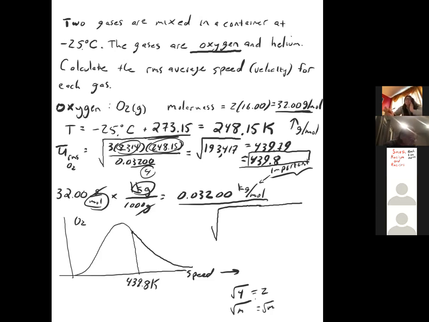So let me put the units in. Joules per mole Kelvin, that's R. So that's this number, 8.314. Temperature is in Kelvin. And then molar mass is in, let me make this a little bit bigger, kilograms per mole.